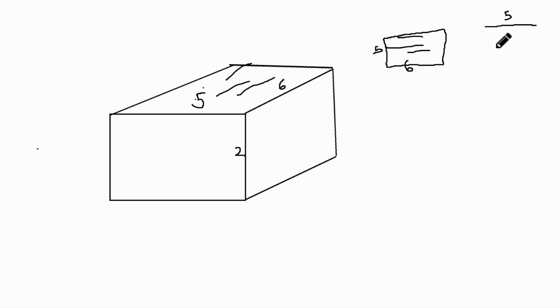So if I write 5 and 2, that's this one here. So this is a 3D shape, so we have to make sure we account for all the sides, and this shape has 6 sides to it.